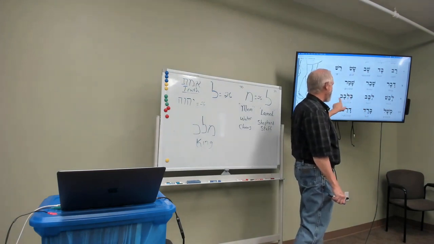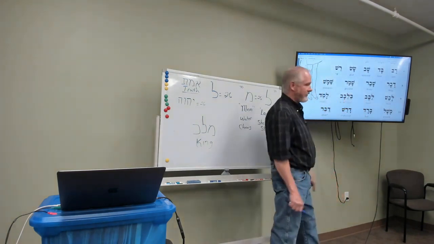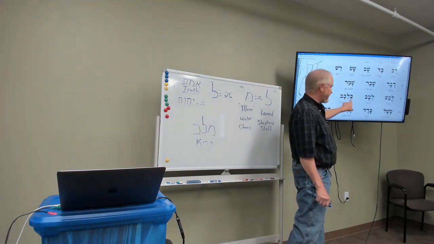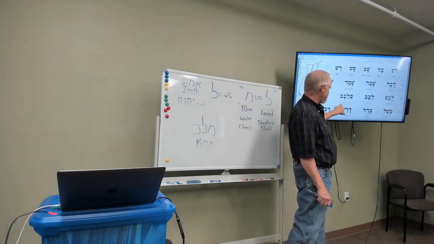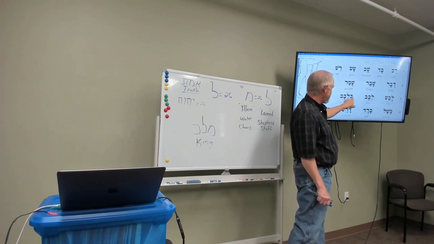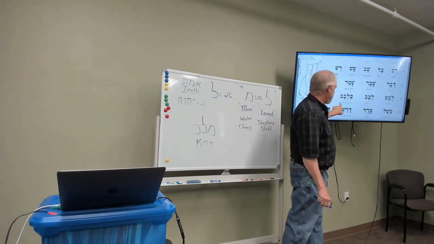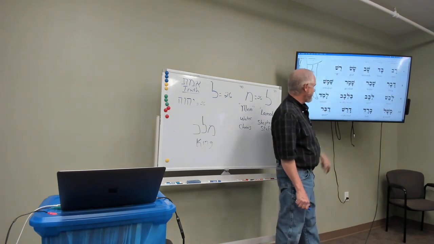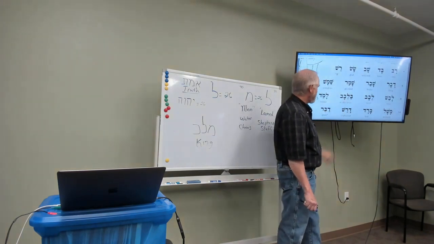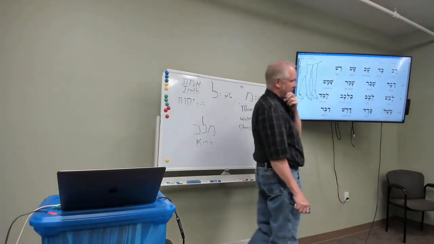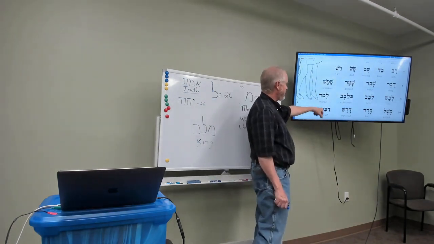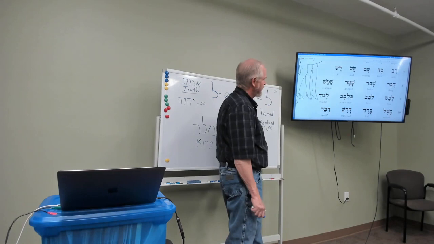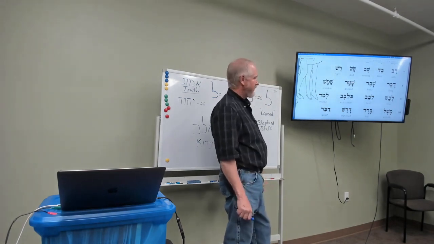Ba, le, vav. Ba, le, vav. Ba, it means house, right? But it means in also. That's where your in is. So this is heart, and then this is in the heart. You see how the bet can be a prefix and can mean in sometimes, right? Yes. Lamad. Lamad.